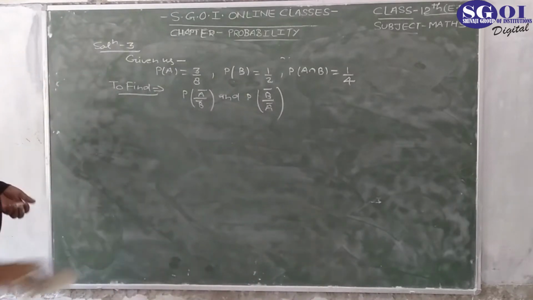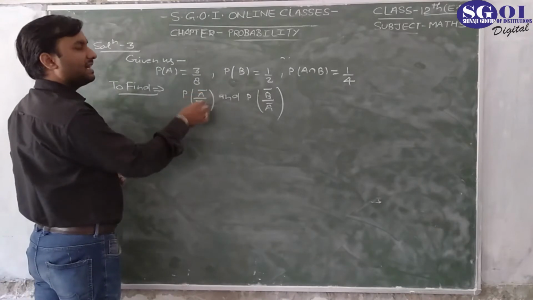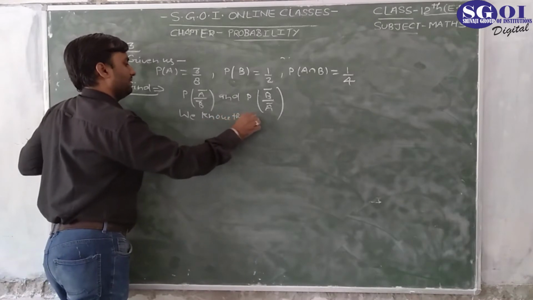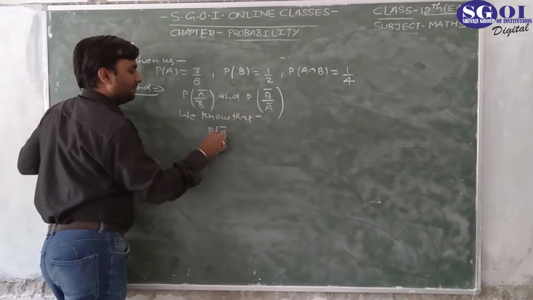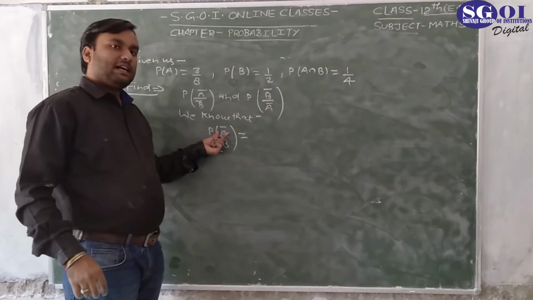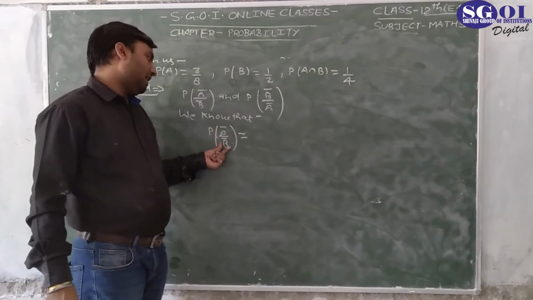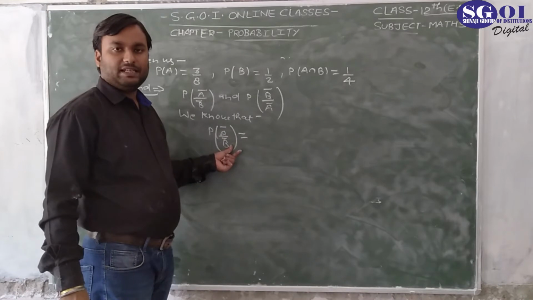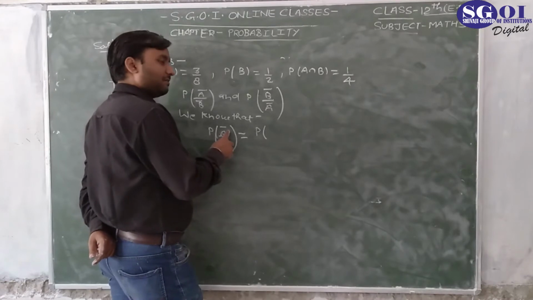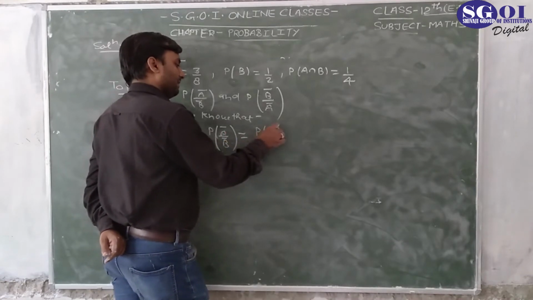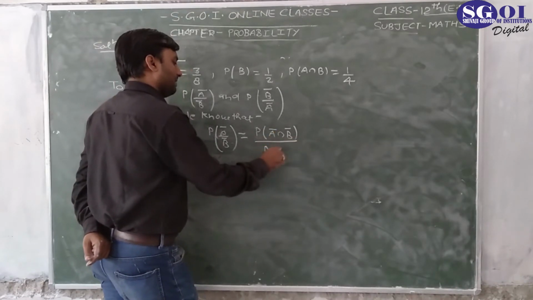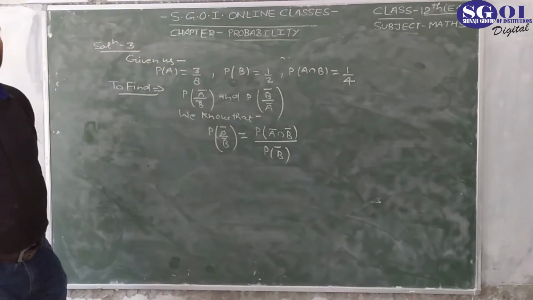Now, what we have to find? We have to find first probability A bar by B bar. So we know that probability of A bar by B bar is equal to, if I read A bar as A and B bar as B, so I will use formula probability A by B. What is the probability of A by B? Probability A intersection B upon probability of B. In this problem, A is A bar, so A bar intersection B bar upon probability of B bar.